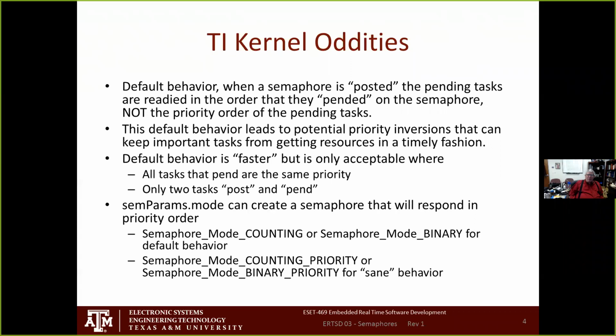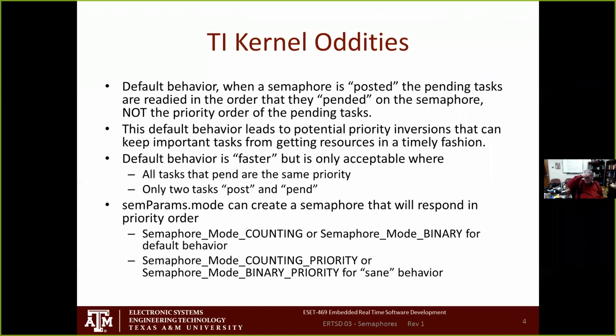Under this behavior, regardless of how important the task is that needs to use that serial printer, the first task to ask for use of the serial printer is going to get access to it. And that's generally not the behavior that we want.